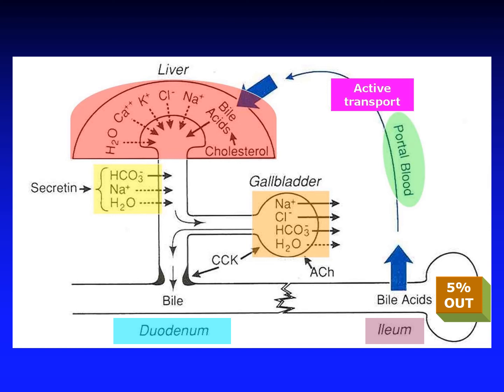That's very important, and here we have to remember that cholecystokinin and the vagus, which is represented by ACh, acetylcholine, the parasympathetic neurotransmitter in the vagus, both help in the contraction of the gallbladder to release bile.